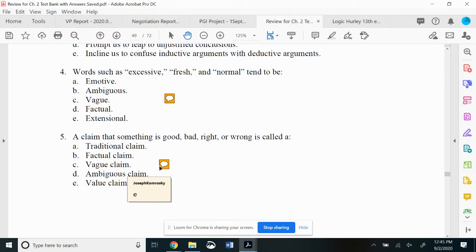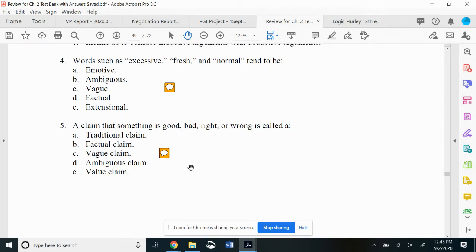But sometimes these words can be used interchangeably. But if you wanted to take an ethics class here at Mount SAC or any other college, it is an awesome class. I highly suggest everybody take one. So there you go. Those are value claims. And the answer to that was E.